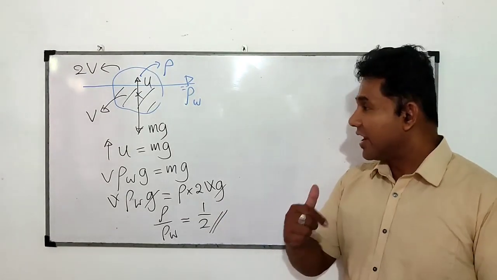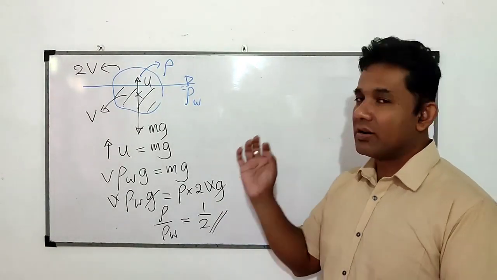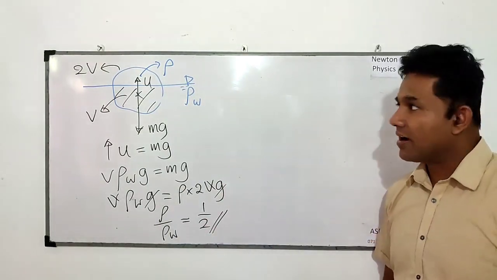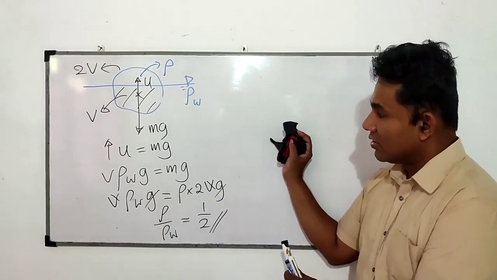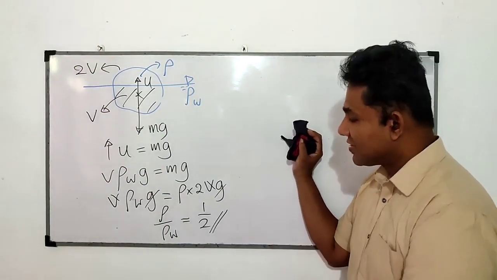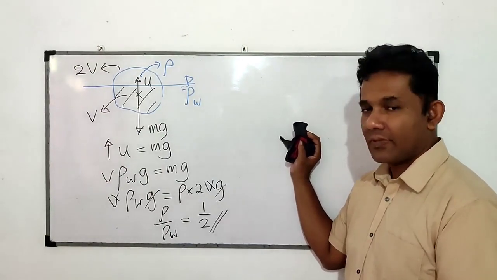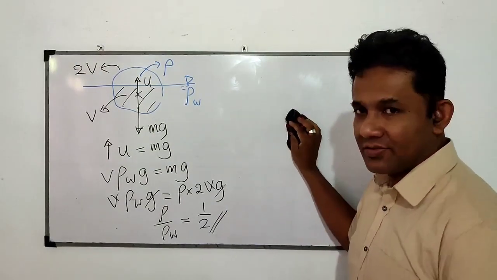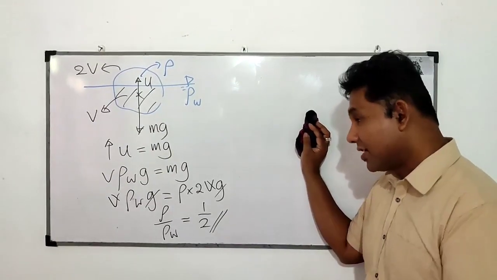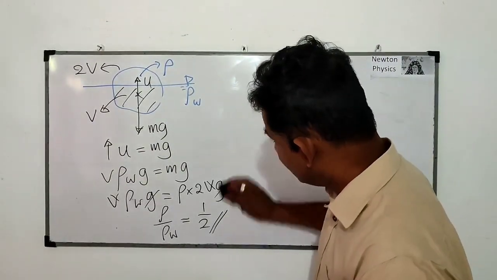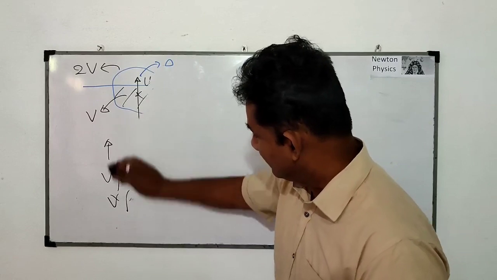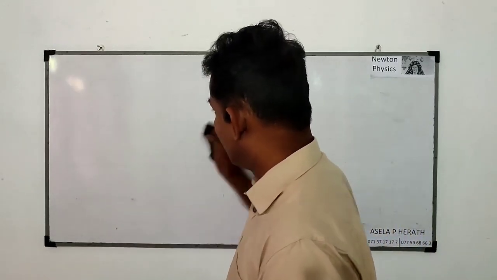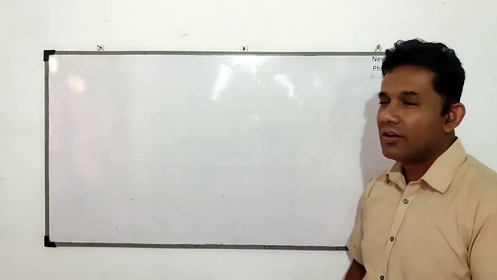Now the next one, this is a very important part of the theory today. I will explain that one here. Clearly I think you have got the idea of this solution, and I am using this one because I need to explain the next one. Now think about the rod.